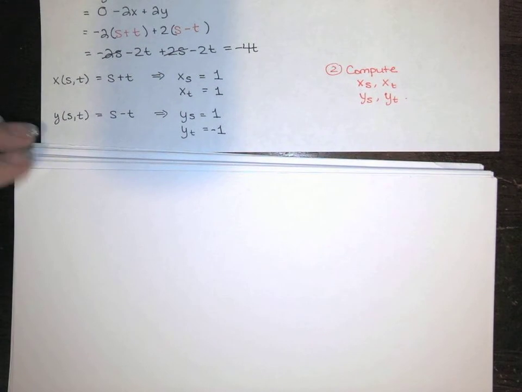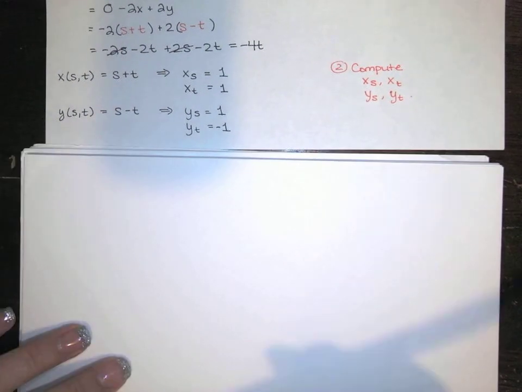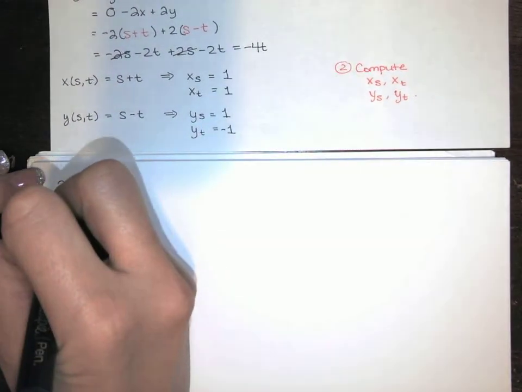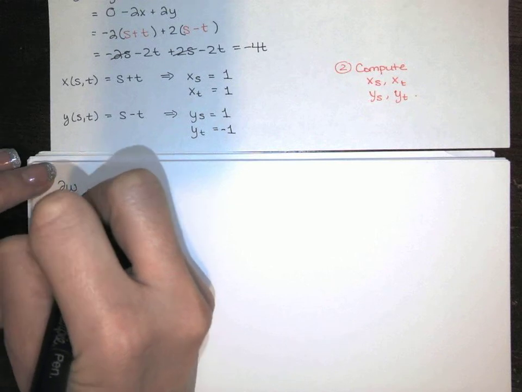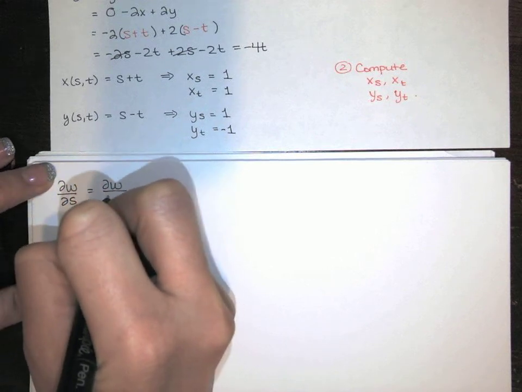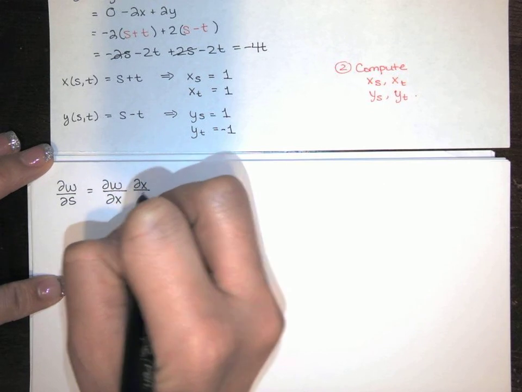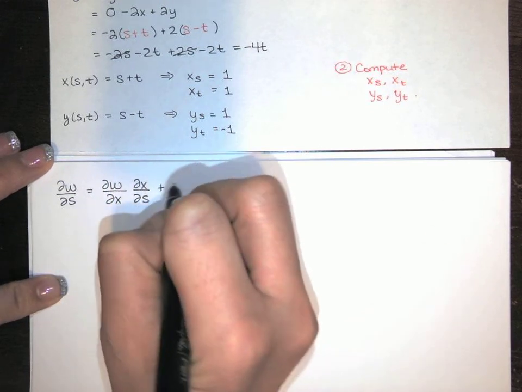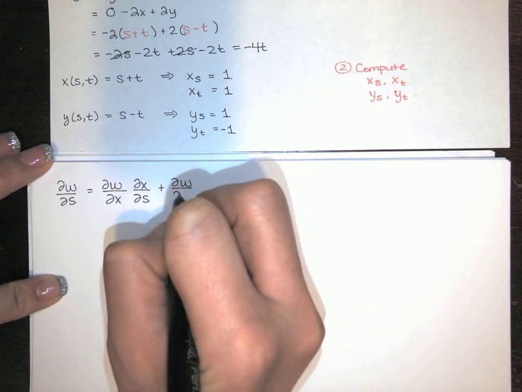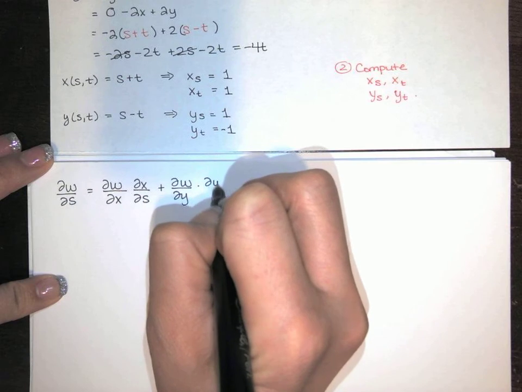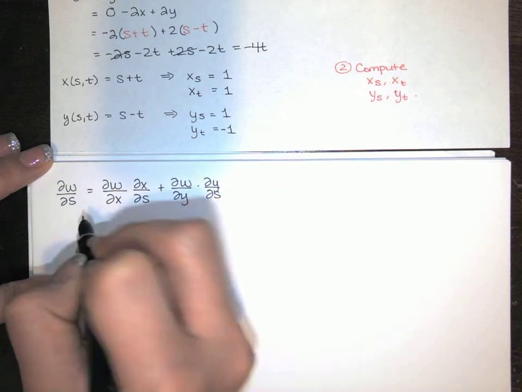And now I want the partial of w with respect to s. So first I look at the change in w with respect to x, holding y constant, and then I multiply by that derivative. Then I want the partial of w with respect to y, and I multiply by this partial derivative.